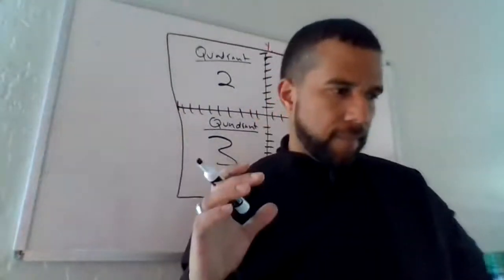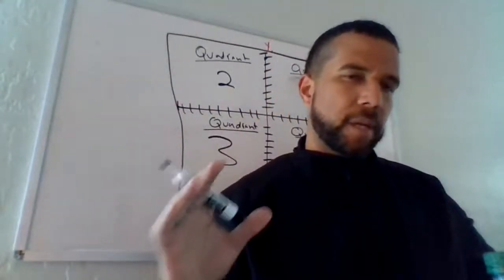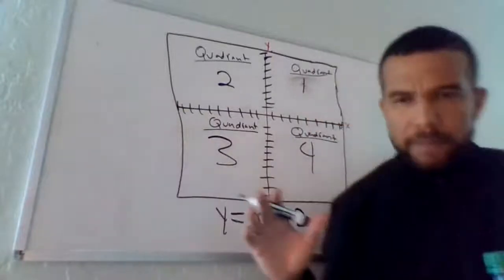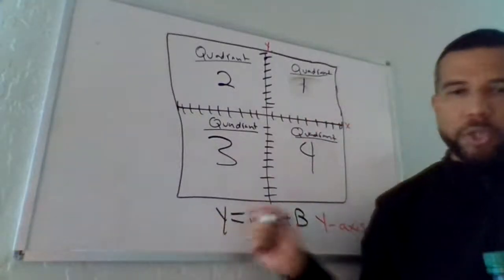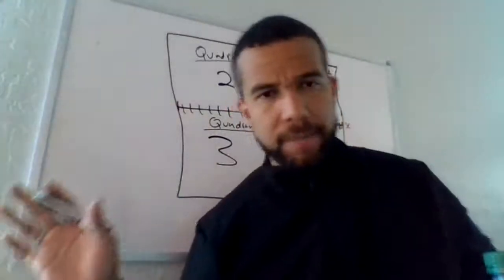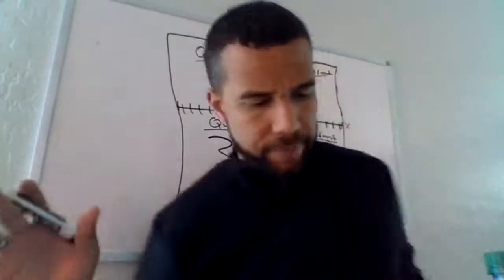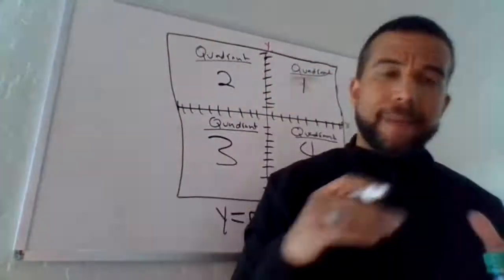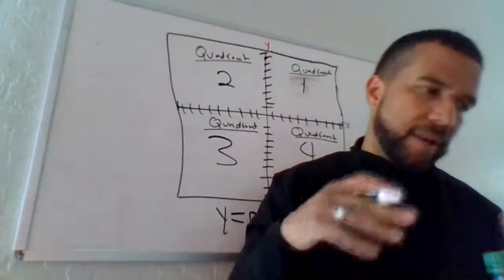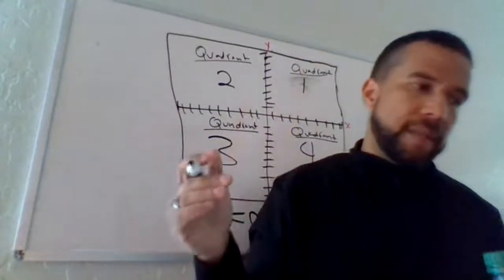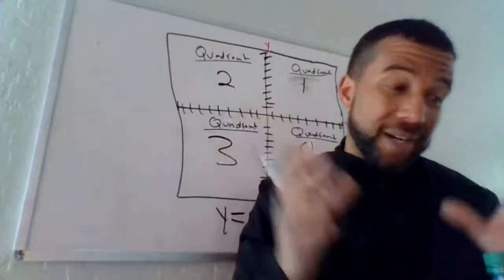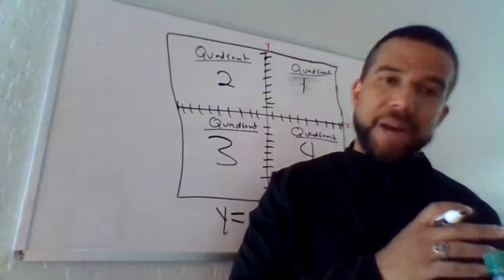So there's a couple of things we're going to do with this. The first thing, now that we have this, I'm going to show you how we would graph a very simple formula for slope-intercept form. Then we're going to talk about how to put things in slope-intercept form. And then we're going to talk about some of these tables that you're going to see, which are going to come back to algebraic equations.